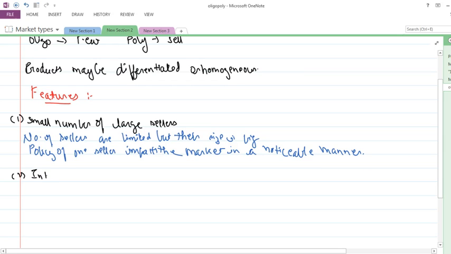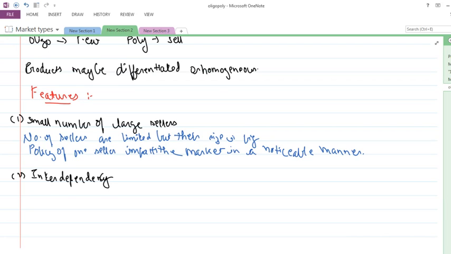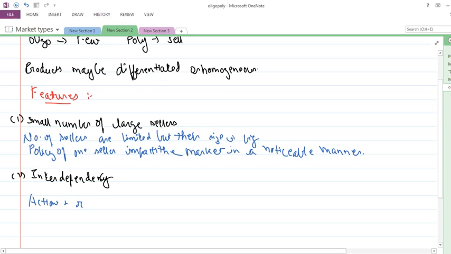The second feature is interdependency. Unlike perfect competition and monopoly, oligopolists are not independent in their decision making. The oligopolist has to take into account the actions and reactions of competitors.